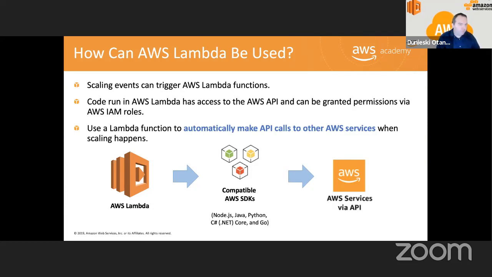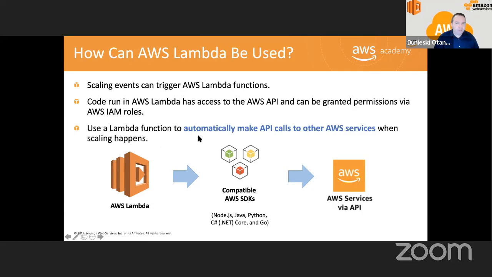So we have to create a role for the Lambda function that gives it access to the EC2 instance. Then when the Lambda function proceeds to stop the EC2 instance, it will happen, okay? So that's basically the purpose of a role: to give permission to a service to interact with another service.